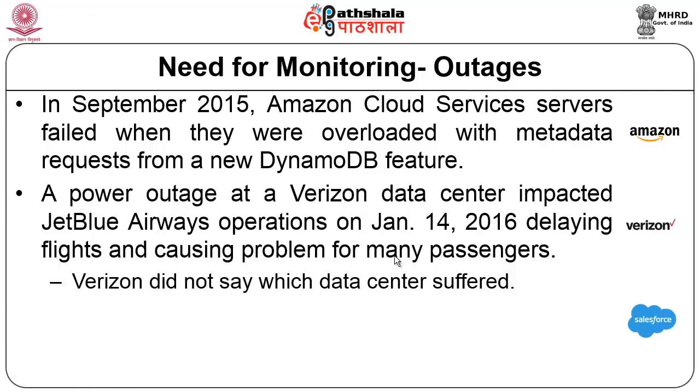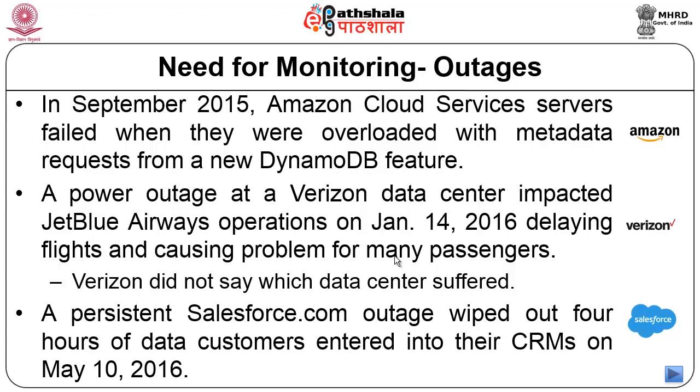Salesforce.com, a big giant famous for its CRM software, had a continuous outage in May 2016 that caused their customers to lose all their data for 4 hours; whatever data they had entered had been wiped out.